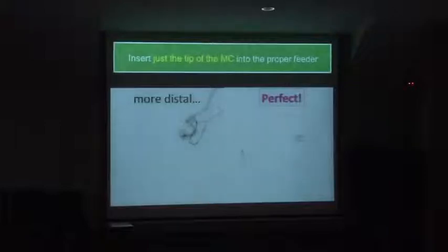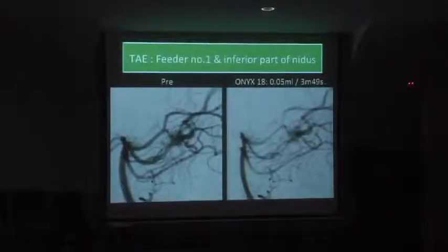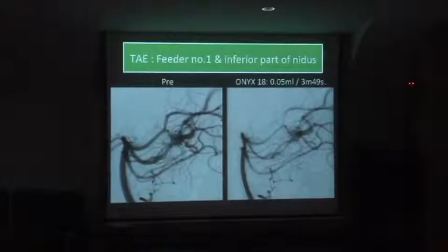Compared to the previous DSA, the catheter was advanced just by the length of one piece of marker. As you can see, feeder number 1 and the inferior part of the nidus have disappeared, and also I succeeded to keep the normal artery.